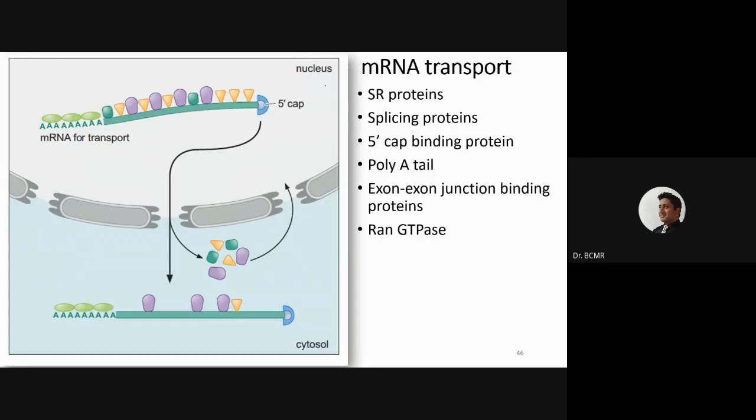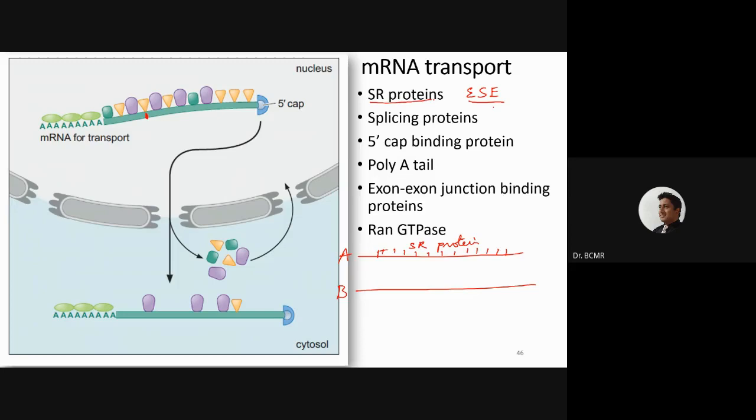What we know so far is exonic splicing enhancers. I hope you remember that. Those are certain regions present in the exons to which SR proteins bind. If there are two RNAs, say RNA A and RNA B, and this RNA is completely coated with SR proteins, what does that mean? It means there are no introns, because SR proteins only bind to exonic splicing enhancers, and those are typically present only in exons.